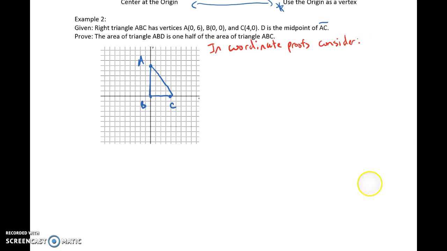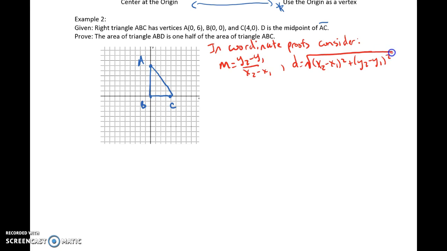And remember we talked about this before. We considered the slope formula. We also talked about the distance formula. But we can also do other things like the midpoint formula.